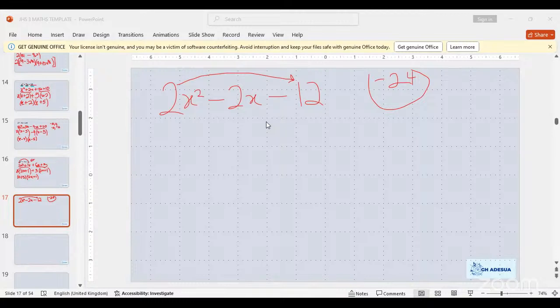Yes. Good. Meaning that your choice of numbers isn't right. It satisfies just one condition, but it doesn't satisfy the other one. Okay? Because you want two numbers, which when added would give you the middle one, negative 2. Those same two numbers, when you multiply, should give you negative 24. Is that okay?